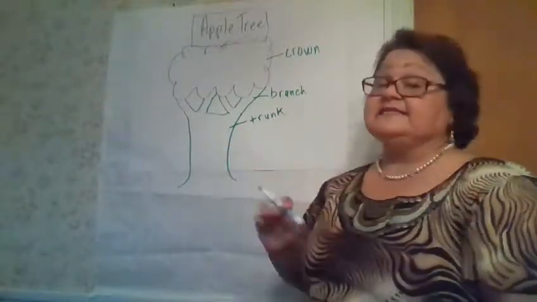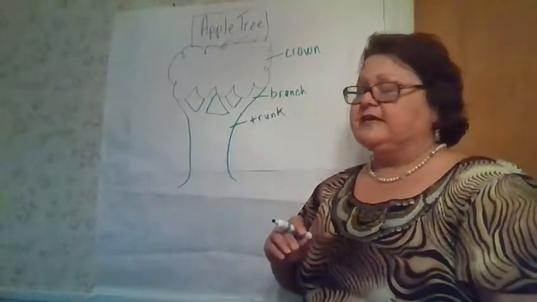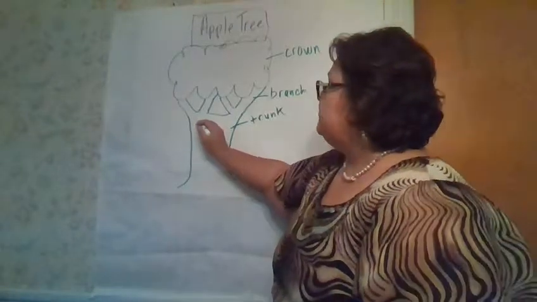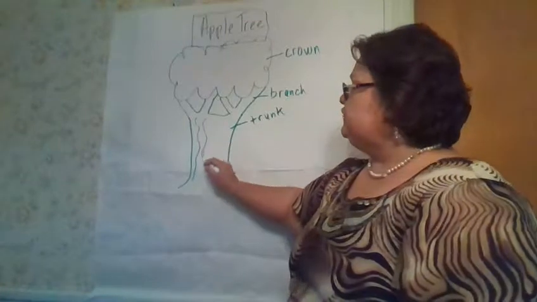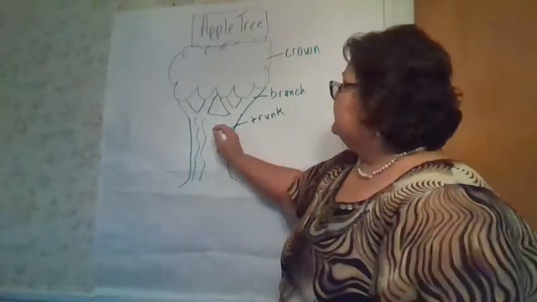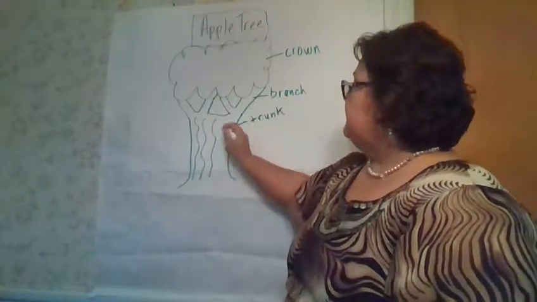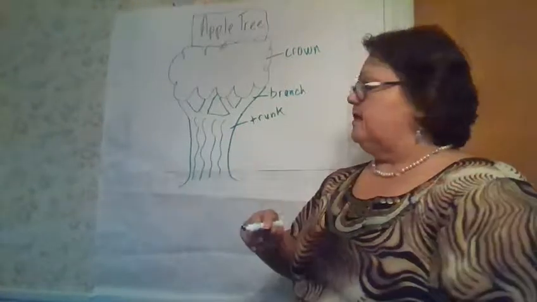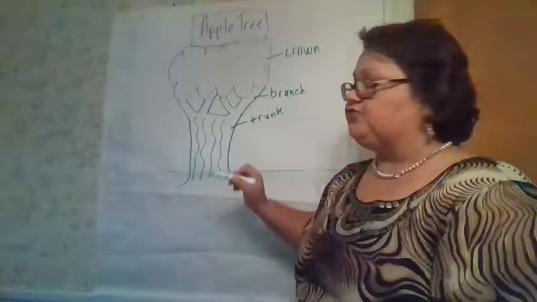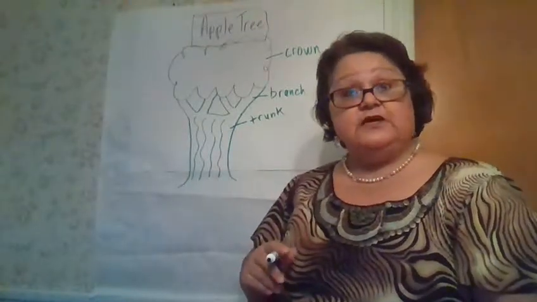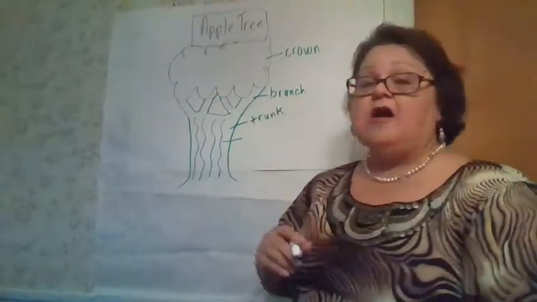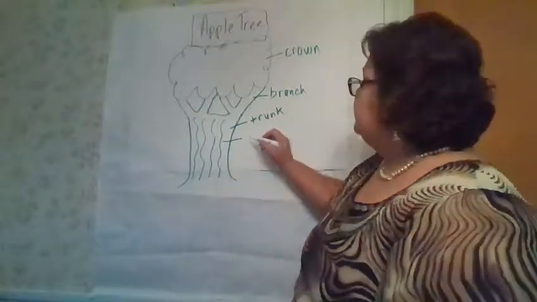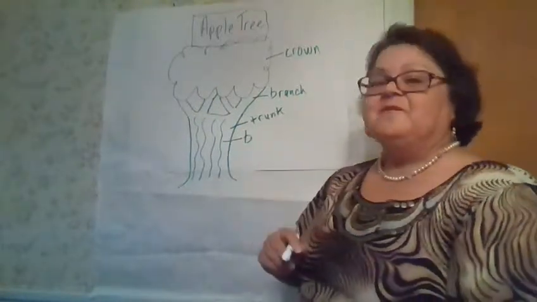Now, the trunk has other parts that are important to it. So, let me explain to you. In the trunk are some grooves and some very deep grooves and strong pieces of wood. Those strong pieces of wood are called bark. Can you say that word? Bark.